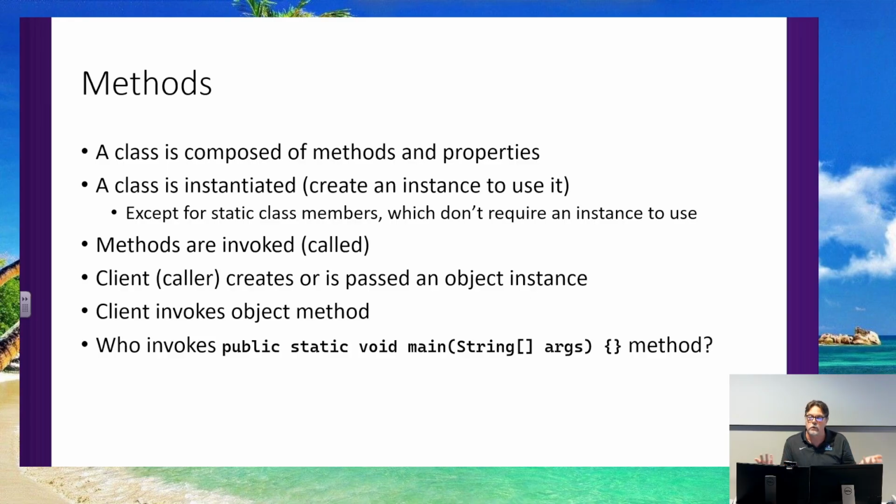Well, if you're going to have more than one of them, where are you going to keep them? And so we have variables. So we declare a variable just like we would a float or a double or an integer. We declare a variable whose type is the name of the class. Now I have a variable of that class type, and I can create an instance of the class and store the reference to it in that variable.